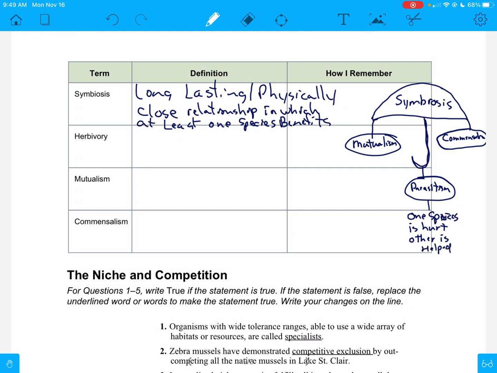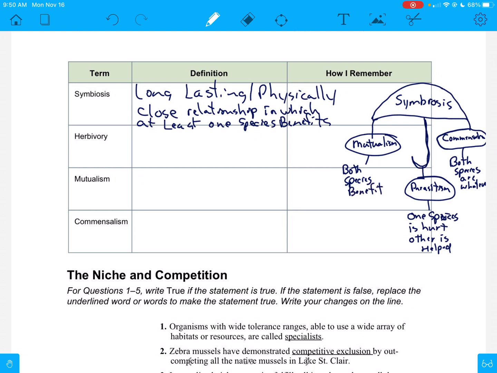Okay, in commensalism, both species are whatever. Okay, and then in mutualism, both species benefit.